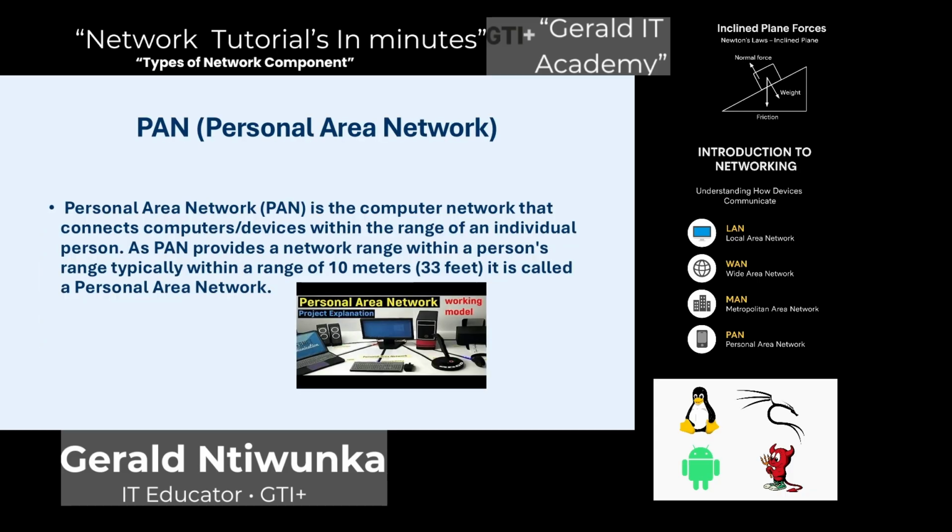Now, what is a personal area network? You can see the diagram, the picture there. A personal area network is the computer network that connects computers and devices within the range of an individual person. Not too far.